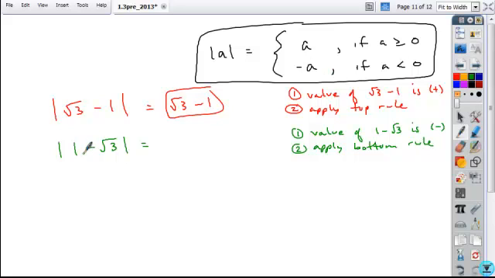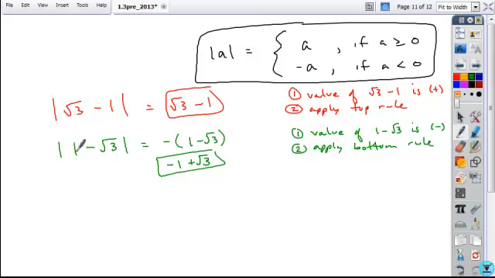There's a couple ways to think of that. You could take the opposite of the whole expression, 1 minus root 3, and then distribute. So a negative 1 minus becomes a plus root 3. We could do it that way. What you're going to see me do is, when I rewrite these, I'll usually write the positive term first. If I evaluate the expression as being negative, so I know I need to change the sign of each term, I'm just going to change each term's sign individually.